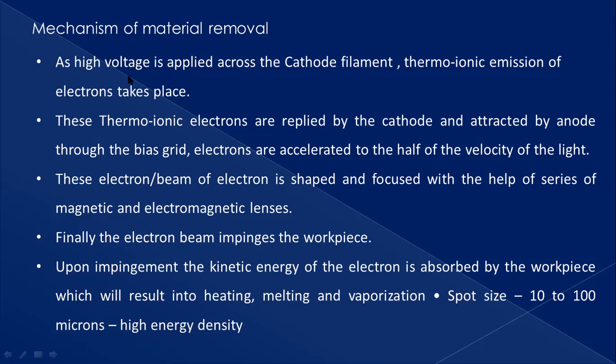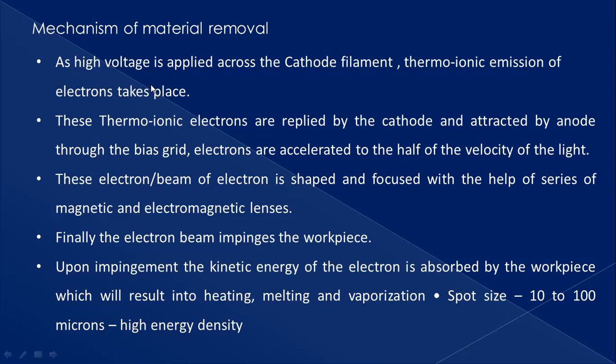See, as high voltage is applied across the cathode filament, thermionic emission of electrons takes place. These thermionic electrons are repelled by the cathode and attracted by the anode through the bias grid. Electrons are accelerated to half of the velocity of light.